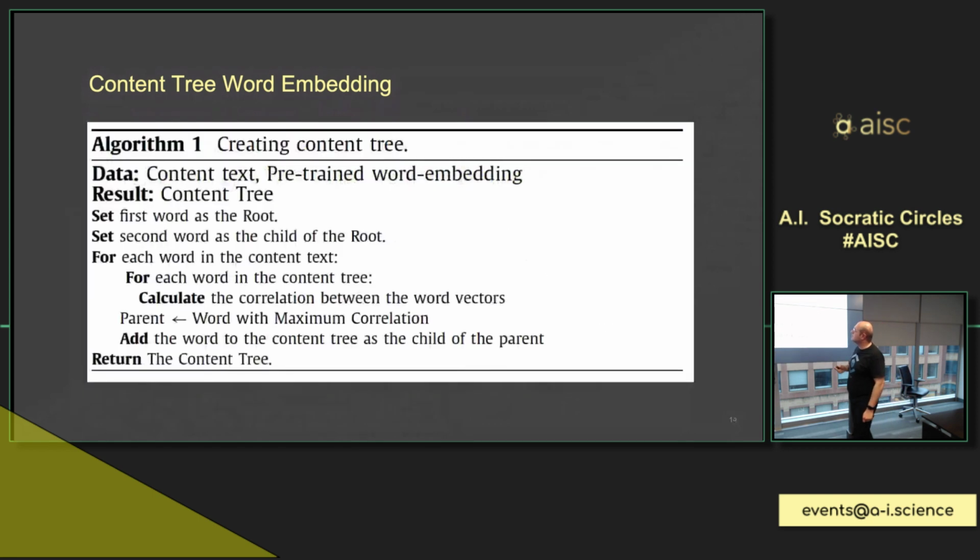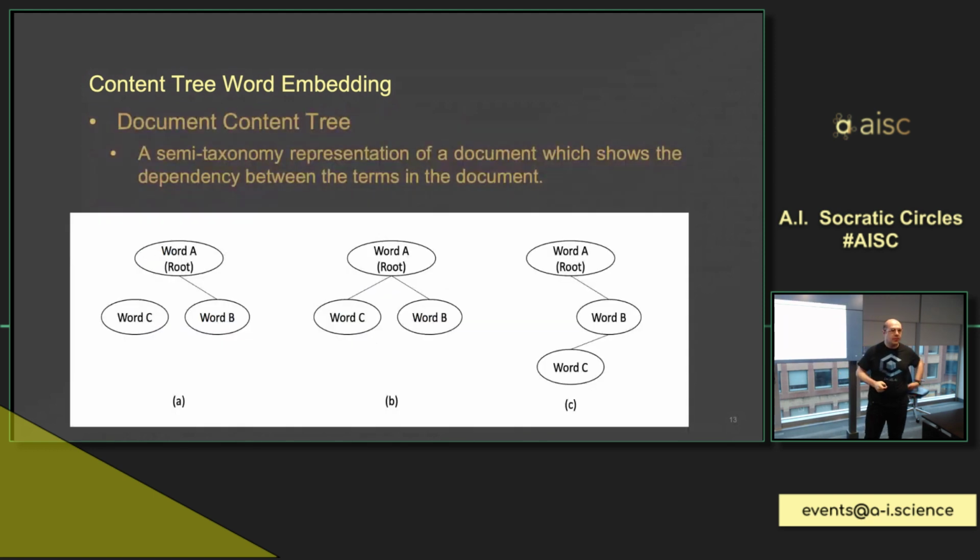And here we have the algorithm, which is, yeah. Like, so how do you decide, for example, if they're correlated like 70%, which one is the child and which one is the parent? We are comparing word C with both of them. Word A is already a parent, then we're deciding whether word C is a child or not. It's a yes and no, finding the maximum correlation and joining to that node.